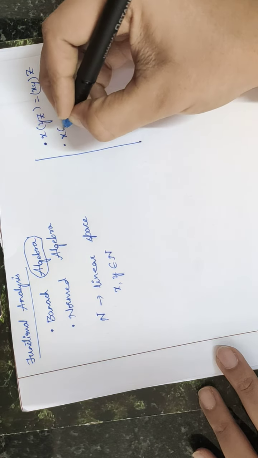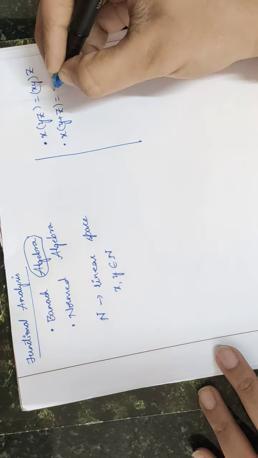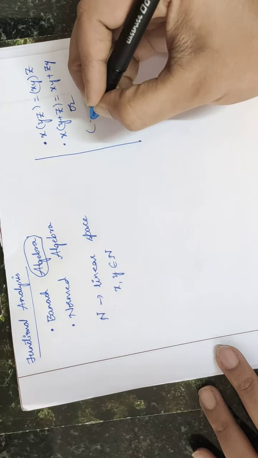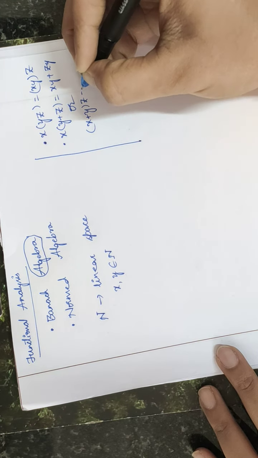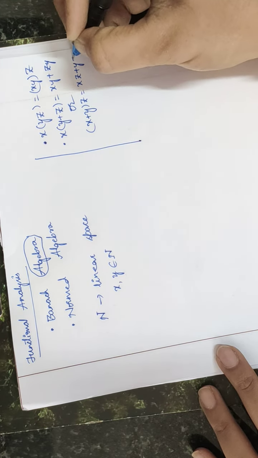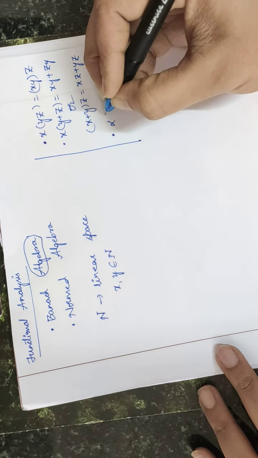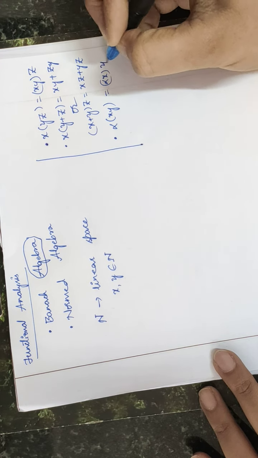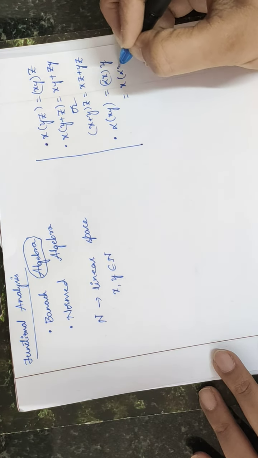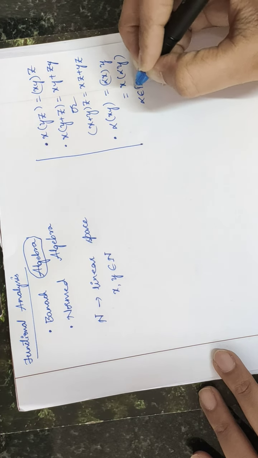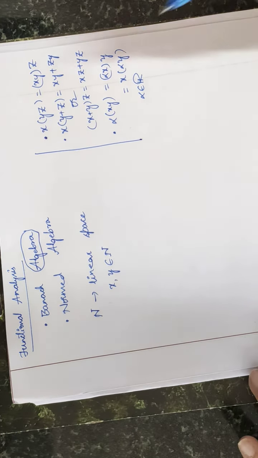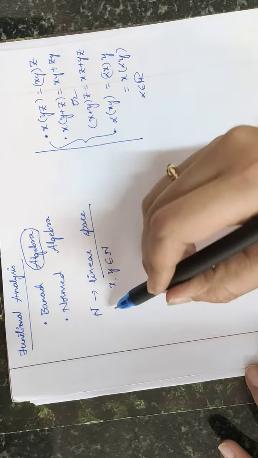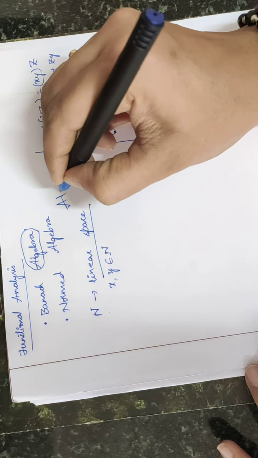The second condition is x(y+z) = xy + xz, or we can write (x+y)z = xz + yz. And one more condition is alpha(xy) = (alpha x)y, or we can write this as x(alpha y), where alpha belongs to the scalar field, say R, isn't it? So if these three conditions are satisfied, then I can say that the linear space N is an algebra.